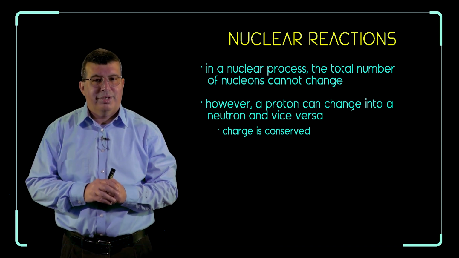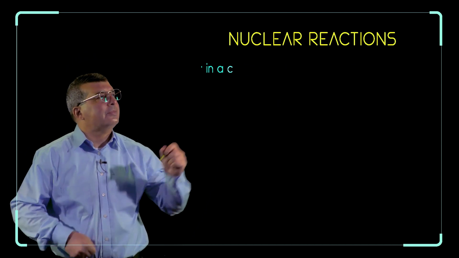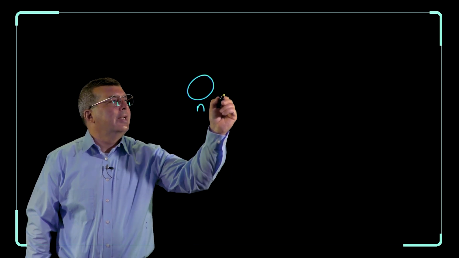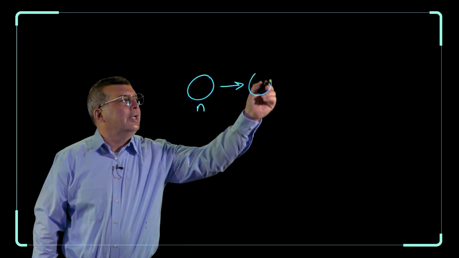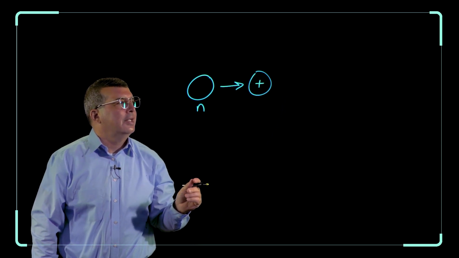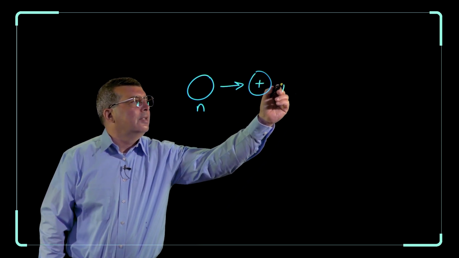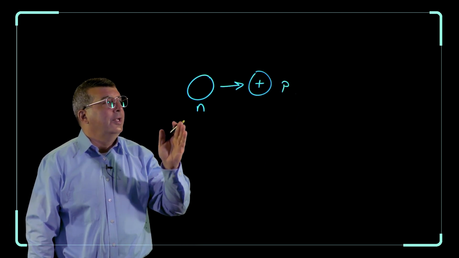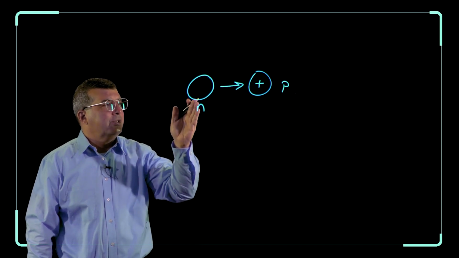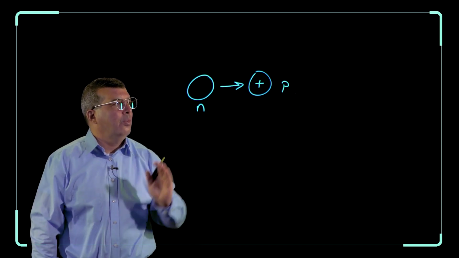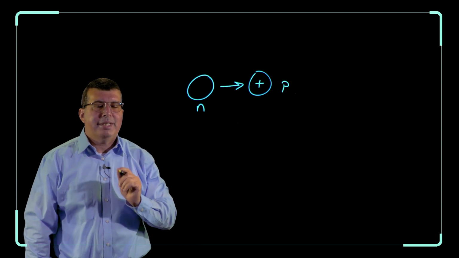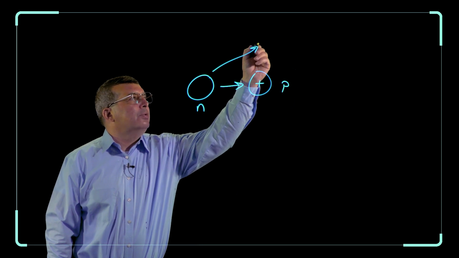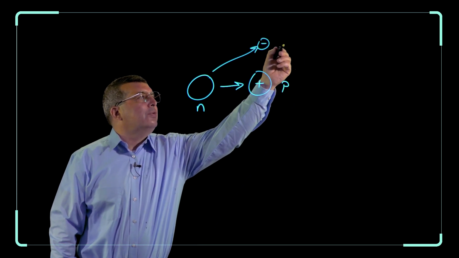Let me draw you a diagram of that. We'll start off with our neutron, and that will turn into a proton. So our neutron turns into a proton. That satisfies our first rule, so we have the same number of nucleons. We have one nucleon to begin with, one nucleon to end with, but that doesn't conserve charge. So the neutron also has to produce an electron.